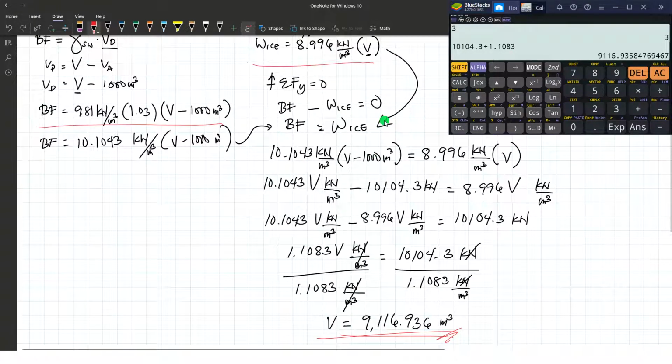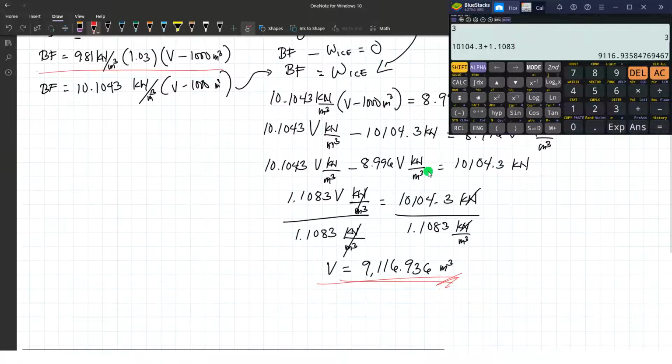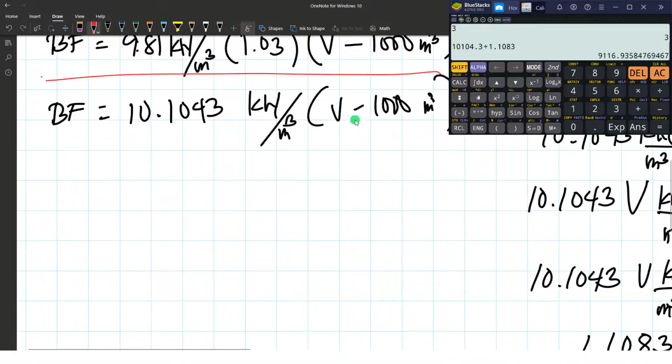But if it is required here to compute the buoyant force, we can compute that since we already have the total volume, which is 9116.93936.